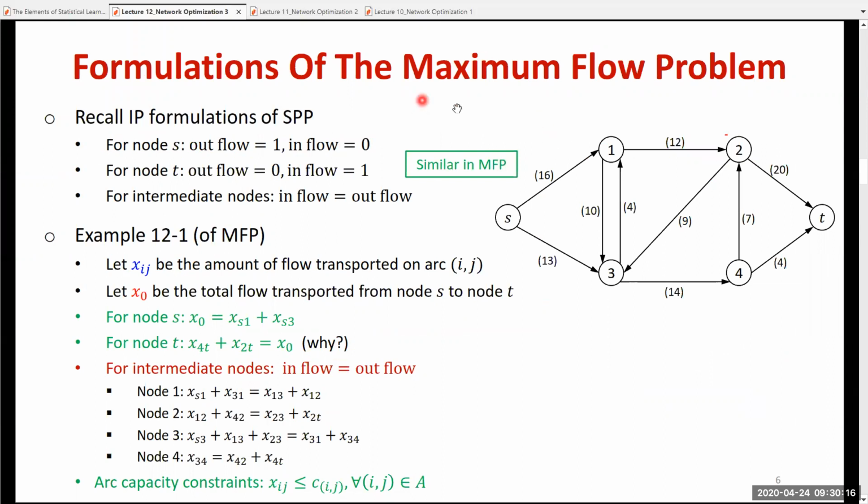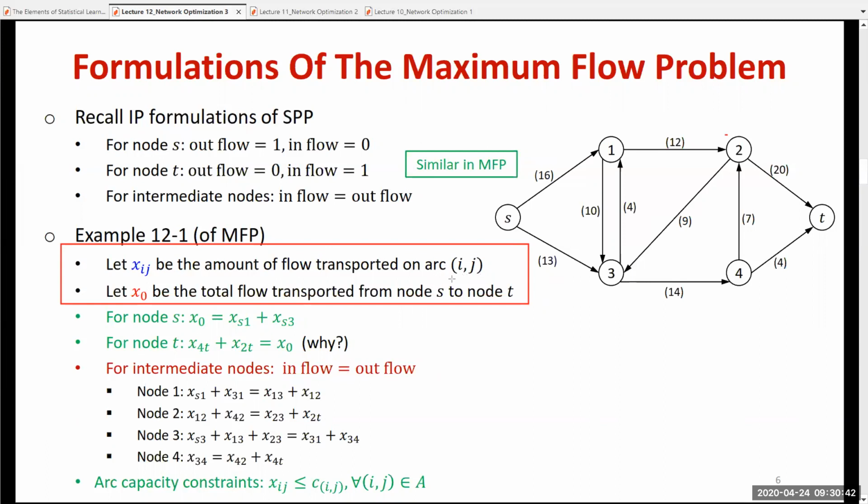Actually, in MFP, the maximum flow problem, it's very similar. But the difference is that you cannot assume that for node T there's only 1 unit of inflow and 1 unit of outflow, because that's something we want to maximize. Let xij be the amount of flow transported on arc ij. Be careful here.